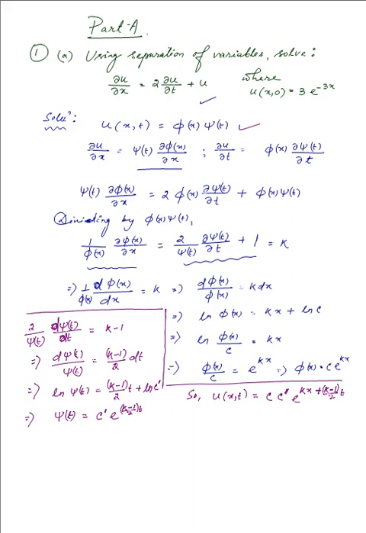We'll be using that initial condition where for t is equal to 0, we are putting the value of t is equal to 0 over here.